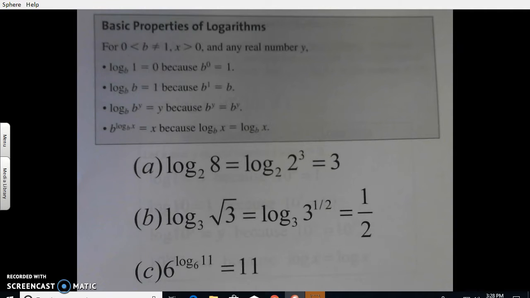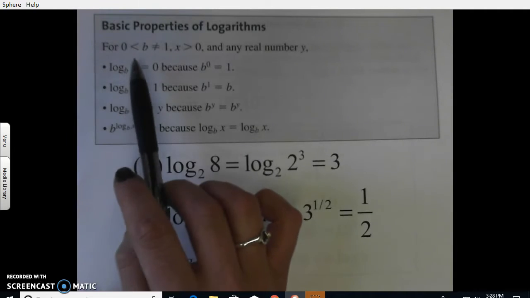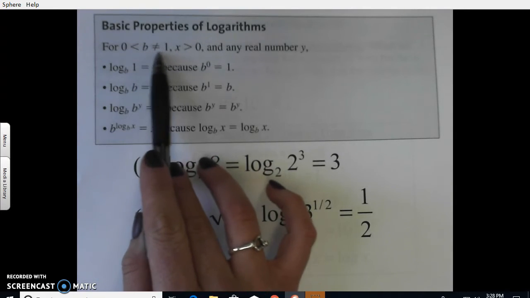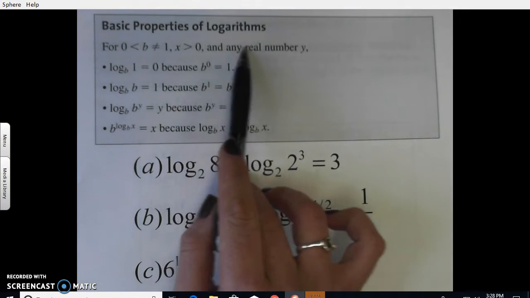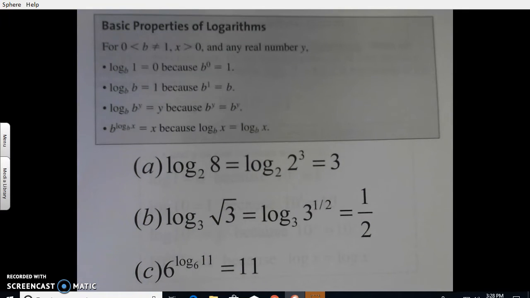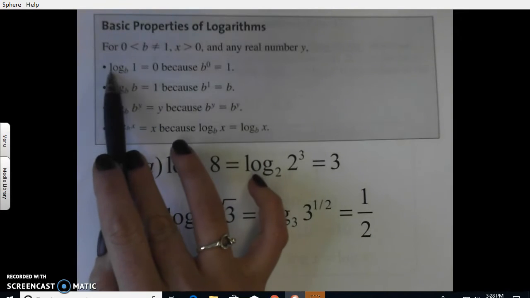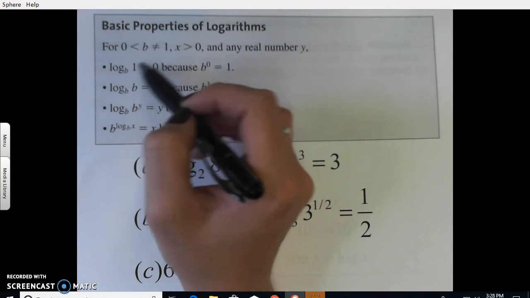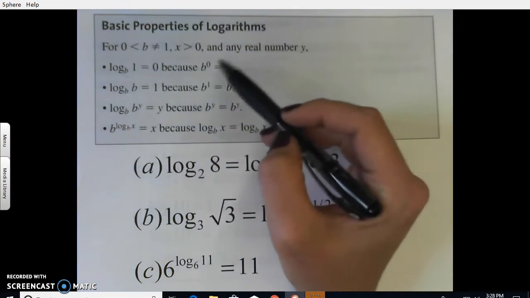Now some basic properties of logarithms. For 0 less than b, not equal to 1, x greater than 0, and any real number y: log base b of 1 is equal to 0, because b to the 0 power is 1.